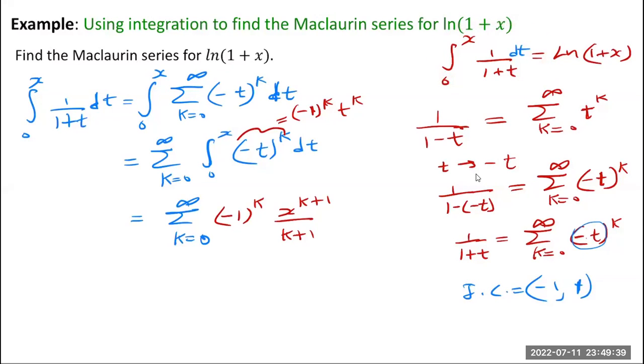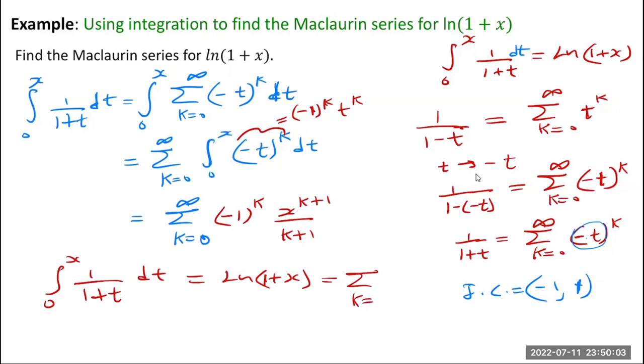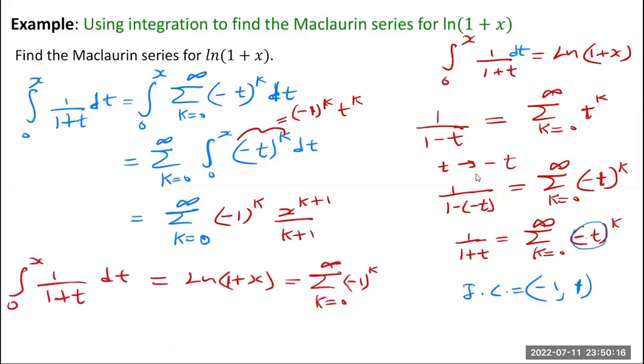Putting all these together, the integral from 0 to x of 1 over 1 plus t dt, which is exactly ln of 1 plus x, is equal to this power series: sigma k goes from 0 to infinity of minus 1 to the power k times x to the power k plus 1 divided by k plus 1.